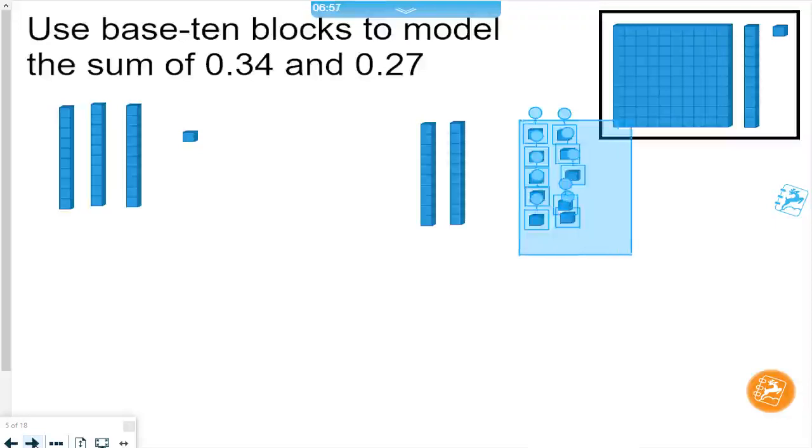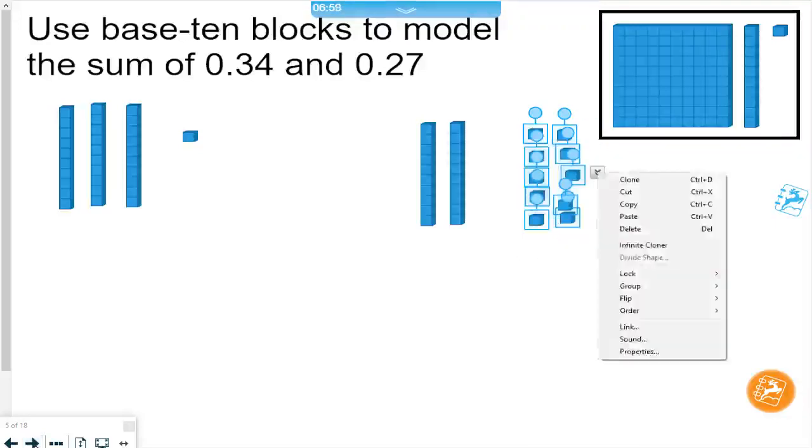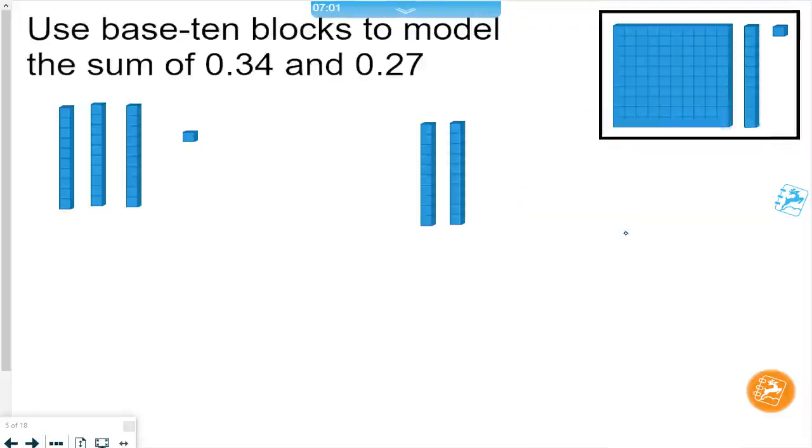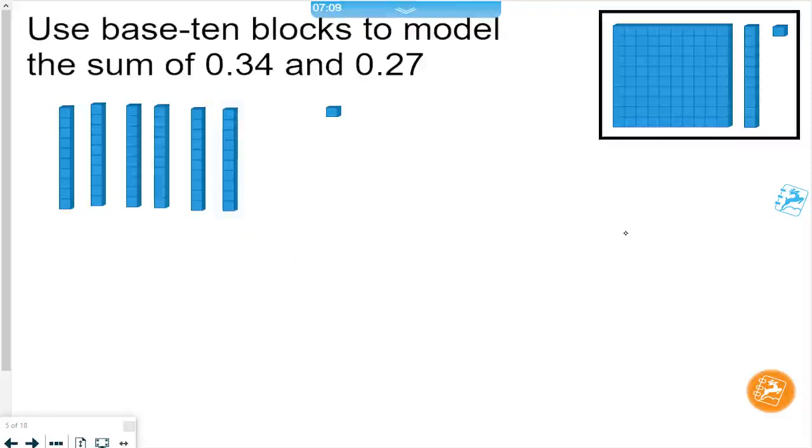I'm going to get rid of those and turn it into a tenth. So now I'm going to move this guy over a little bit. So now my answer for my sum of 34 hundredths plus 27 hundredths is 1, 2, 3, 4, 5, 6, and 1. So I get 61 hundredths as my answer.